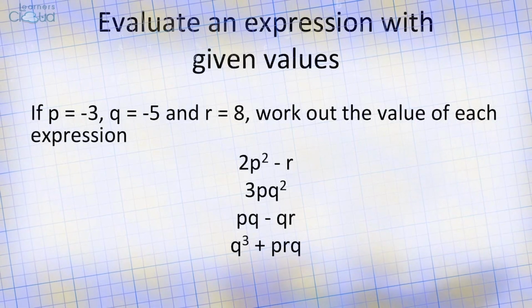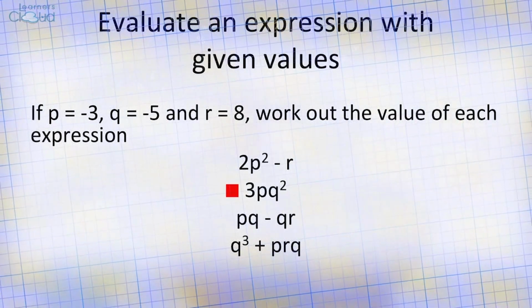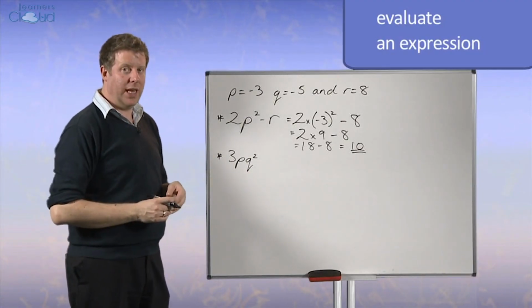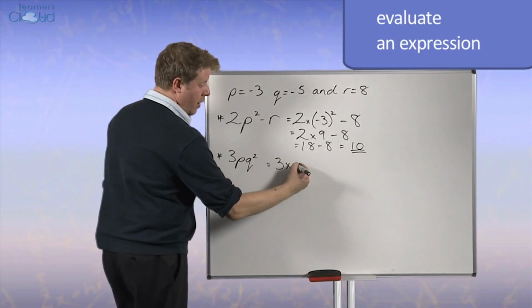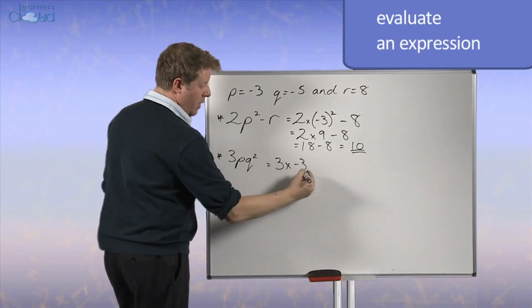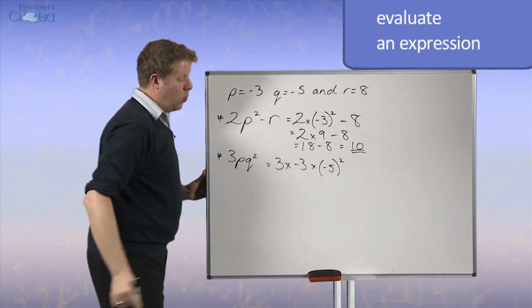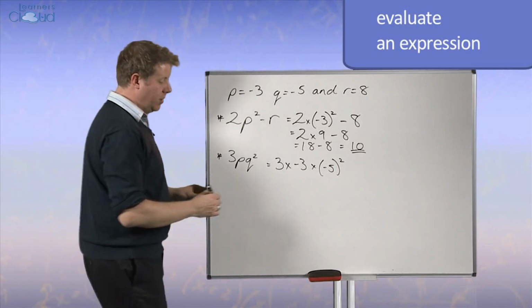Let's look at another one. 3pq squared. So we notice that everything's being multiplied here. So this, when I substitute in, is going to become 3 multiplied by minus 3 multiplied by minus 5 squared. And let's square before we do any multiplication.